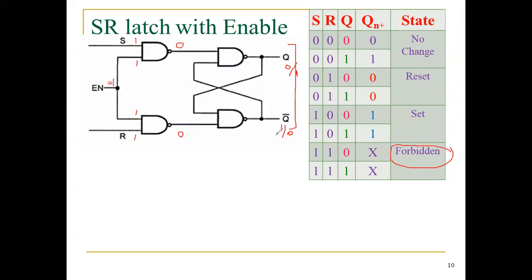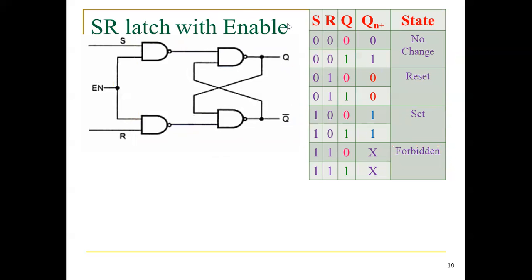Whatever may be the assumption I made, no problem because what will be the result? One of the inputs equal to 0 for both the gates, that makes this a forbidden level. There is no possibility. That means it cannot give any changes.